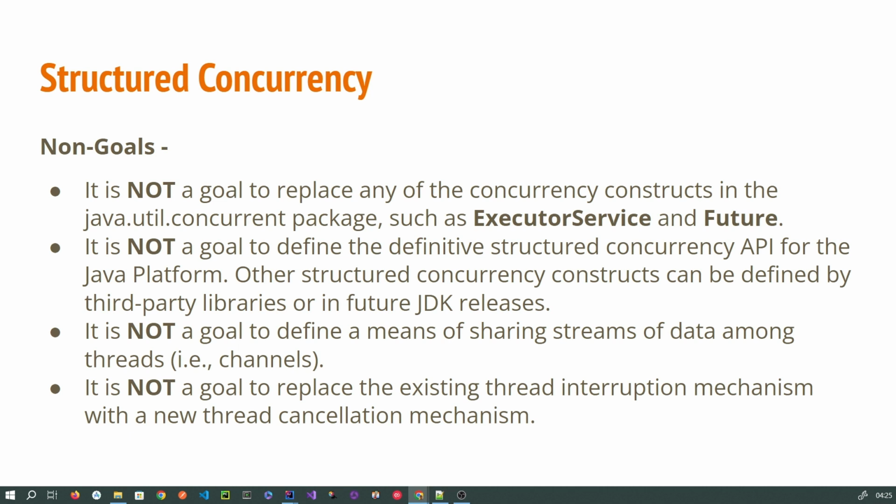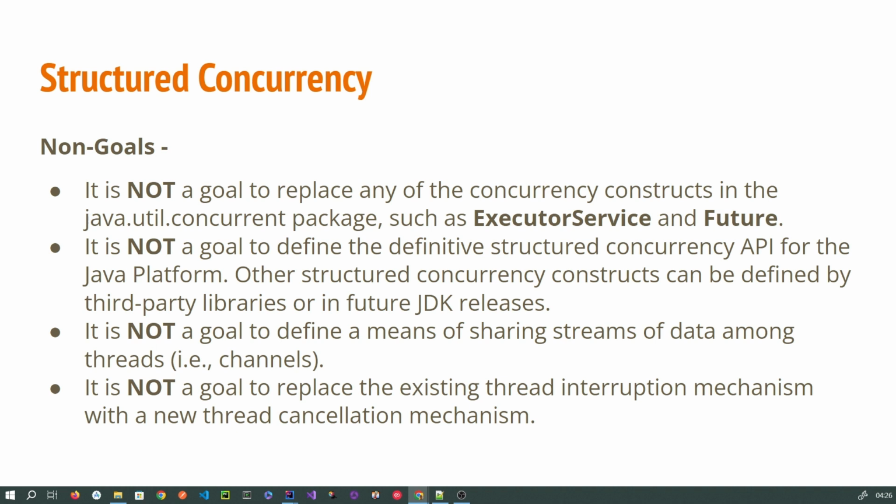It's not a goal to define the definitive structured concurrency API for the Java platform. Other structured concurrency constructs can be defined by third-party libraries in future JDK releases. Also, it's not a goal to define a means of sharing streams of data among threads. Those are channels. They are saying that it can be proposed in future releases.